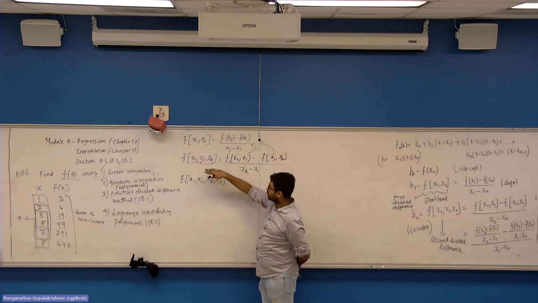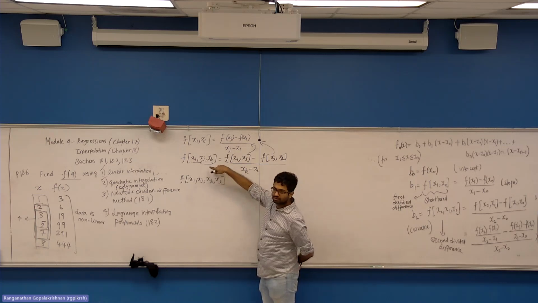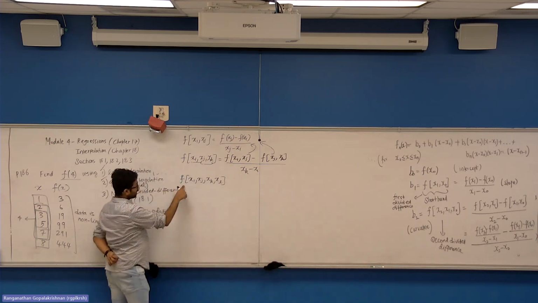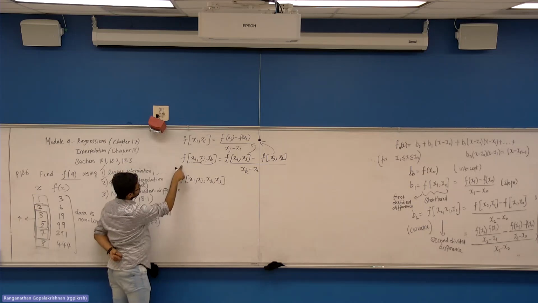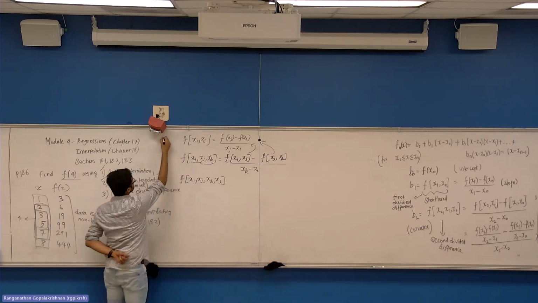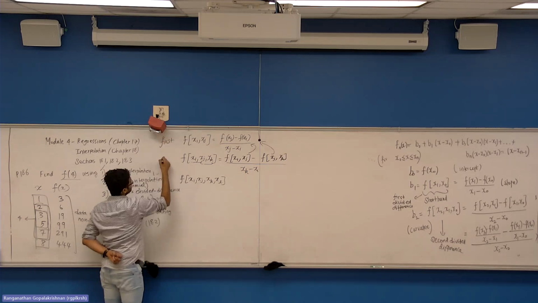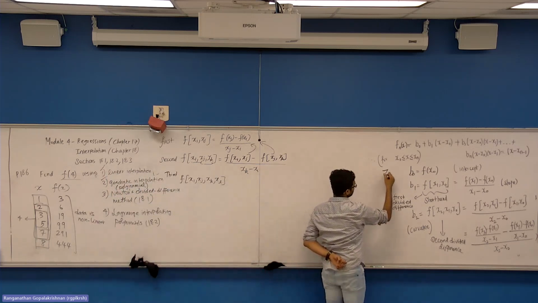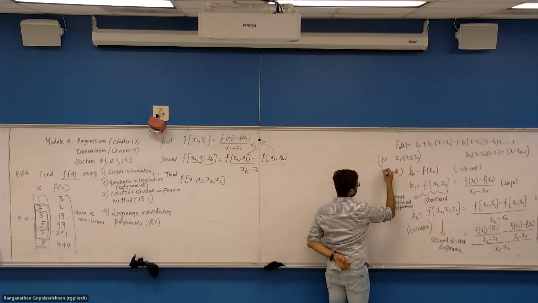You would just follow this. So this is the first divided difference, and this is the second divided difference. And then this will be the third divided difference. And by that logic, this is like the 0th divided difference.